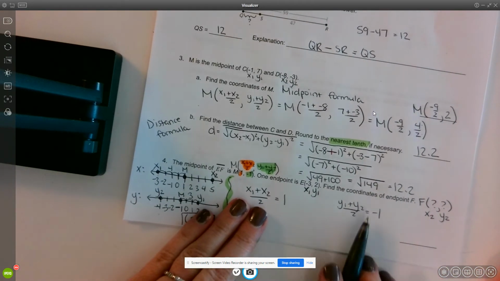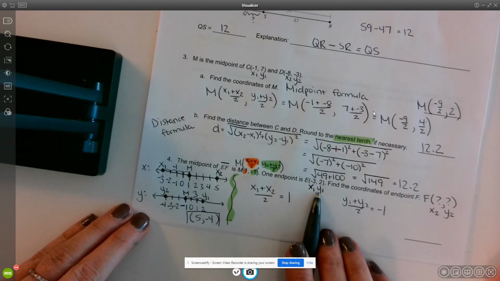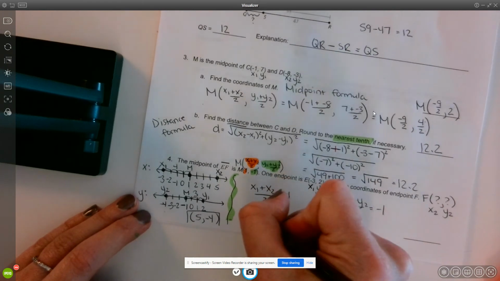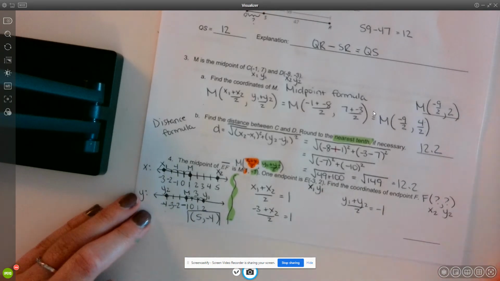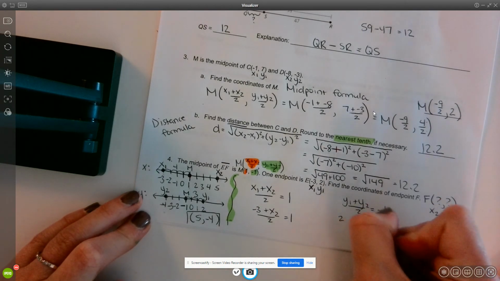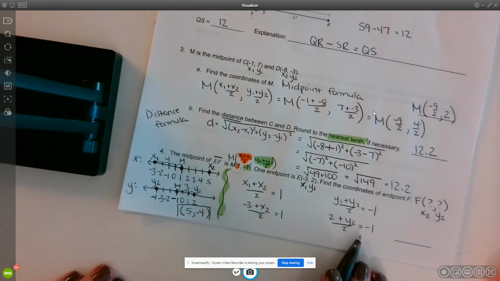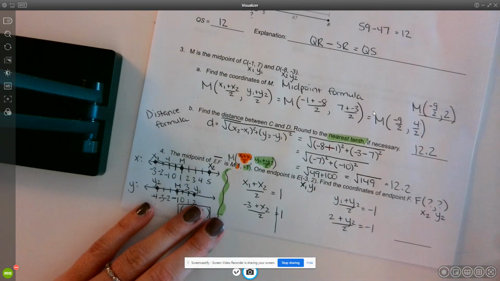So I've got my equations set up. I'm ready to take my values for x1 and y1 and plug them into my equations. x1 is -3. y1 is 2. So here are my two equations I have to solve. I need to get x2 and y2 alone.